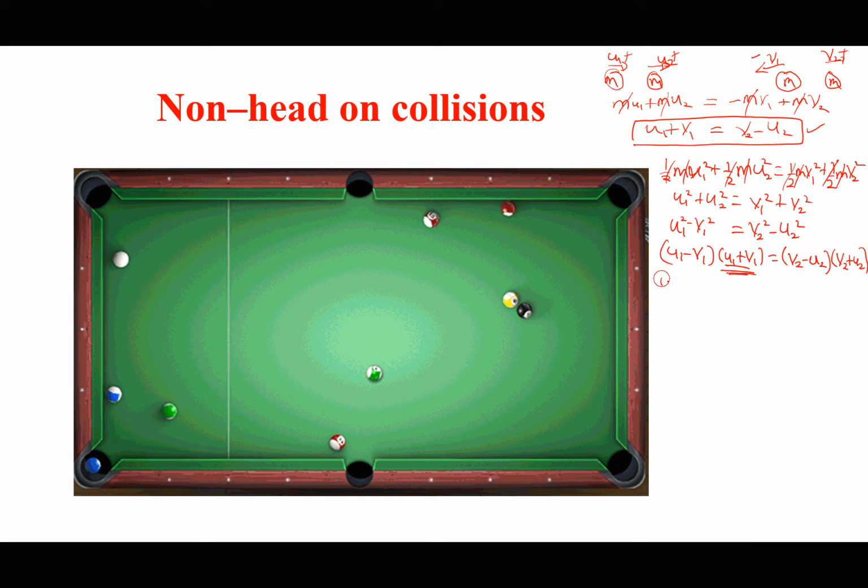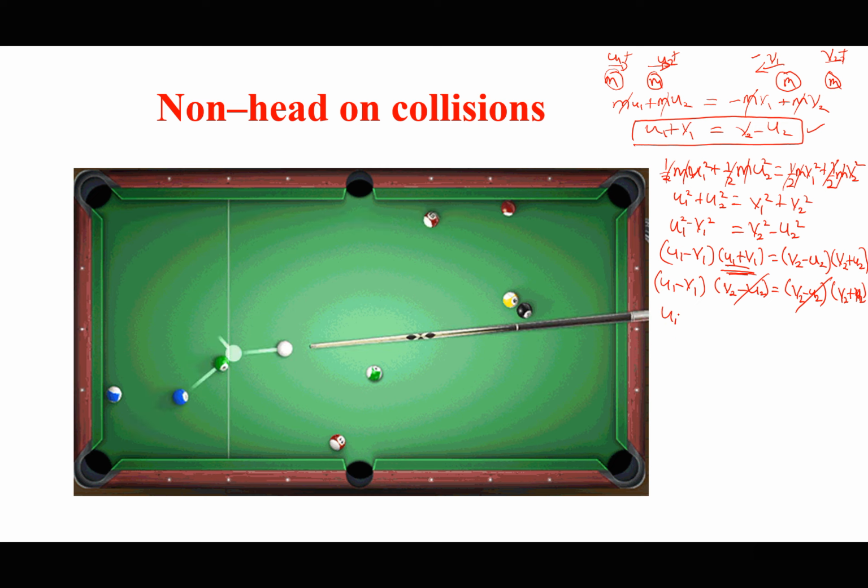So this equation now becomes u1 minus v1, where there is u1 plus v1, I'm going to put there v2 minus u2. So this is going to be equal to v2 minus u2 into v2 plus u2. So v2 minus u2 has cancelled out. So I remain with u1 minus v1 being equal to v2 plus u2.